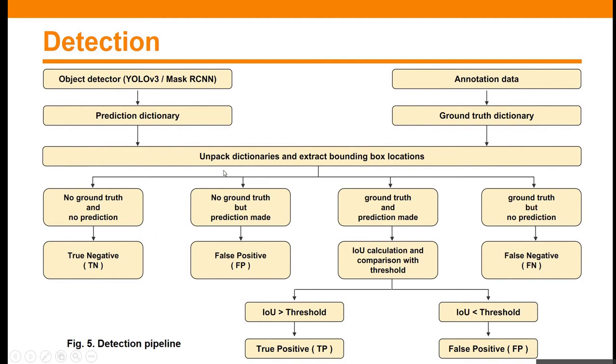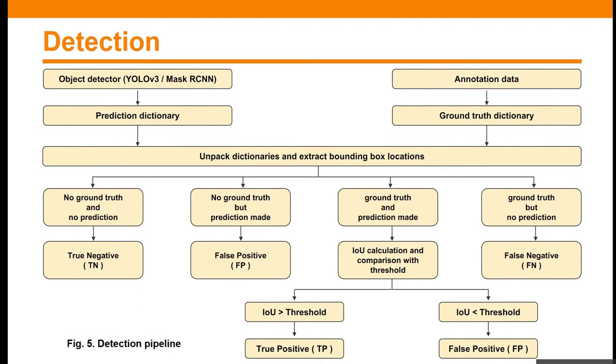The second scenario is that there is no ground truth, but a prediction is made. So this is a false prediction and this is a false positive. If there is a ground truth but a prediction is not made, then it is a false negative. And the third scenario is that there is a ground truth and a prediction is also made. So this is the case that I am interested in.